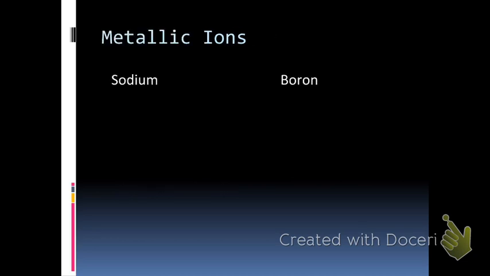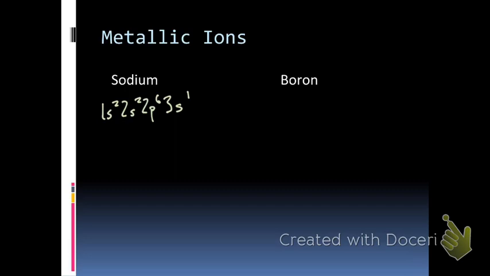So let's take a look at metallic ions. If we look at sodium, sodium is 1s2, 2s2, 2p6, and I believe 3s1. So what can it do to become stable? Remember, it wants to have an s2p6.